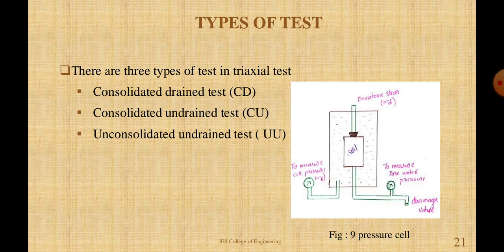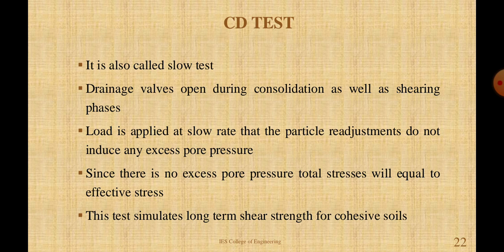According to the drainage condition, the triaxial test can be divided into three tests: consolidated drained test, consolidated undrained test and unconsolidated undrained test. Now we are going to discuss the consolidated drained test, that is the CD test. It is called the slow test, and it can be abbreviated as S test.